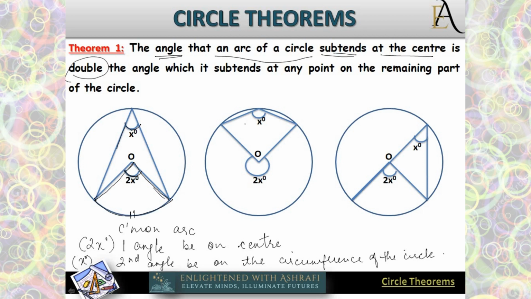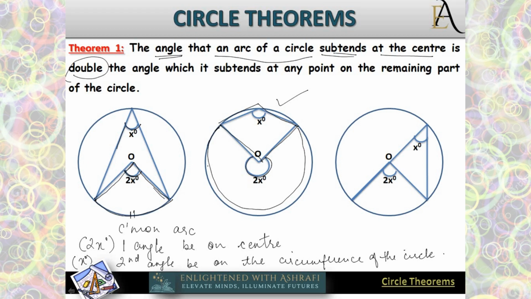Similarly over here, don't panic after looking at this diagram. Now we see this angle. We'll concentrate on this angle. It has an arc. This is its arc. Then there's another angle over here.